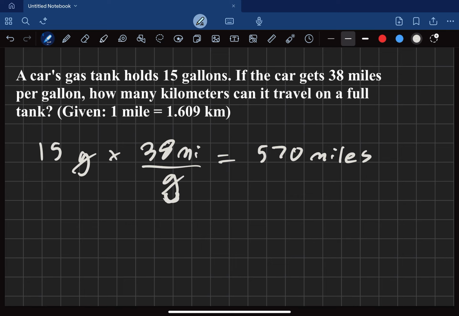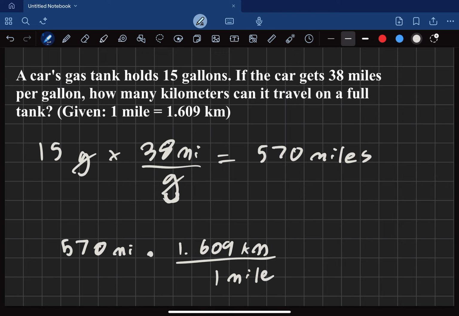But it wants to know how many kilometers a full tank of gas can get us. So let's convert this miles to kilometers. Let's write 570 miles down here, and we'll multiply that by 1.609 kilometers per 1 mile. These miles are going to cancel, and we'll be left with 570 times 1.609.